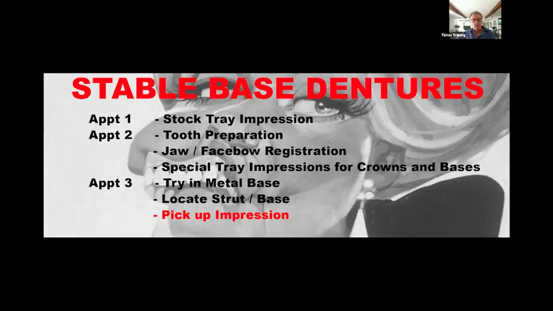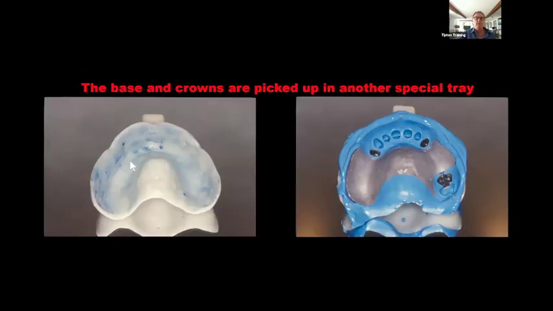Our next stage of appointment 3 is to take a pickup impression of it. So this is where our third special tray is now going to come in handy. And what we do is we take a pickup impression. Okay, does not have to be too detailed. That is not a detailed impression of the soft tissue or the crowns.